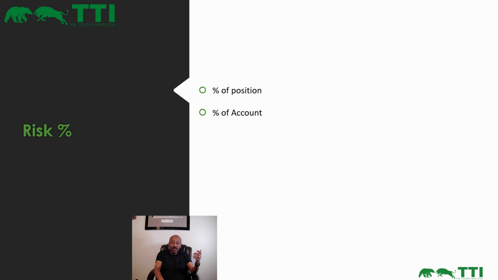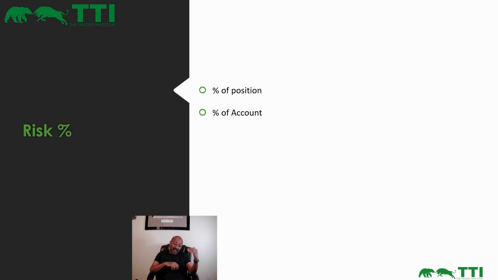But then what I want to do is, what does that mean in terms of my position size percentage itself? So for example, $5,000 account, I want to risk 1%, that's $50. So if I take a position and I enter a $200 position and I'm risking $50, I'm risking 1/5 or 1/4.